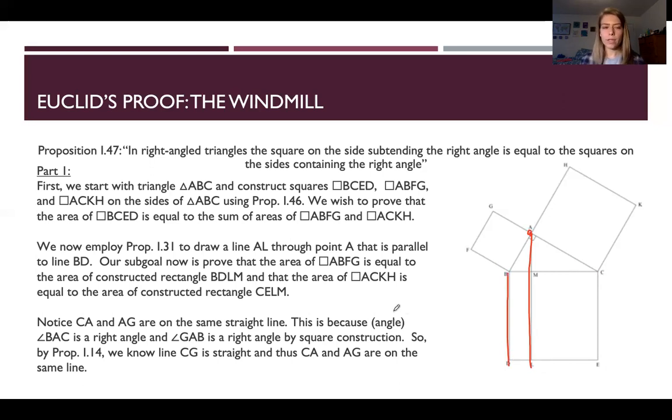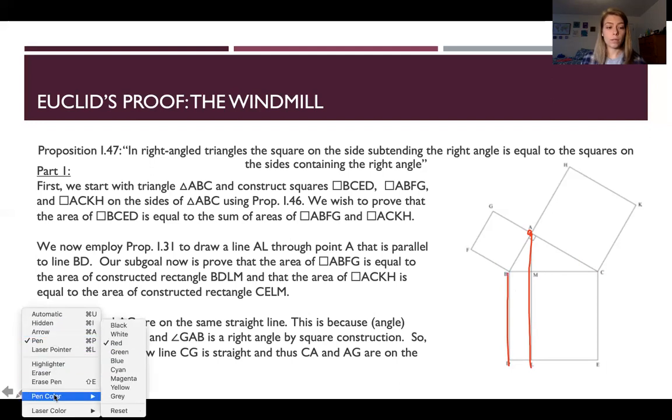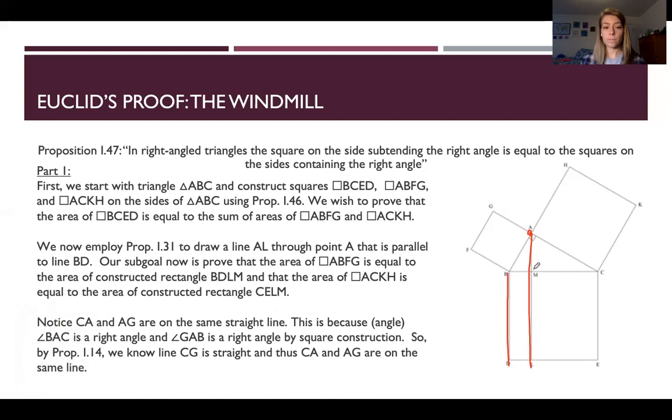So now, looking even smaller, our goal is to prove that the area of ABFG, this square, is equal to the area of rectangle BDLM.